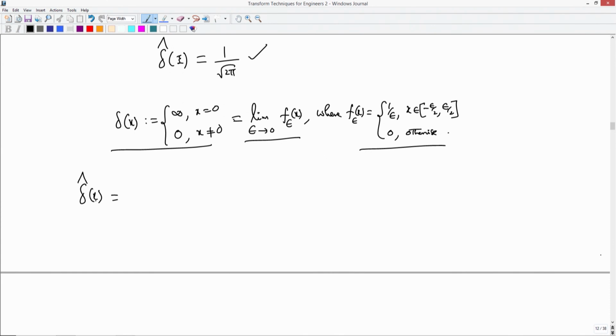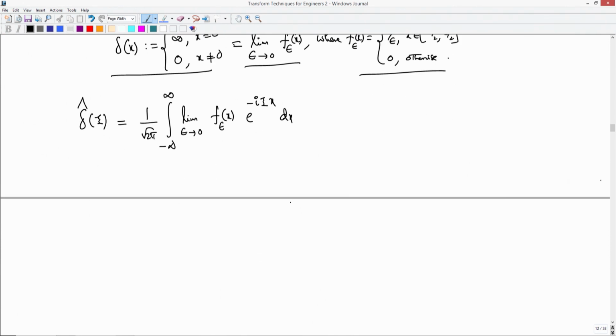So the Fourier transform of this delta function is equal to the limit. What we do is, with the definition 1 by root 2 pi, you have this integral from minus infinity to infinity, limit epsilon goes to 0, f epsilon of x, this is my delta of x, into e power minus I xi x dx.